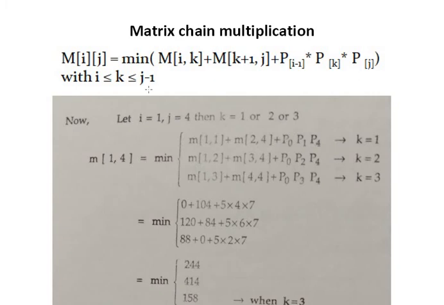This is satisfied because j equal to 4 here. So 4 minus 1 is 3. And also put k equal to 3. That time this condition is satisfied. So you have found k equal to 1, k equal to 2 and k equal to 3, and found the minimum value of m of 1 4.